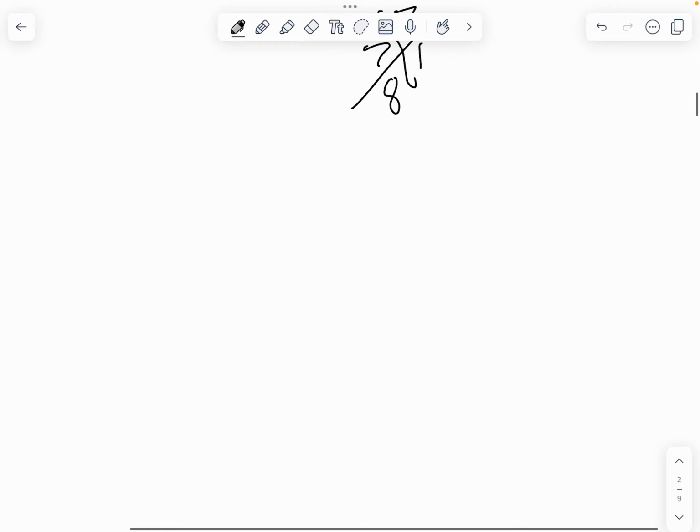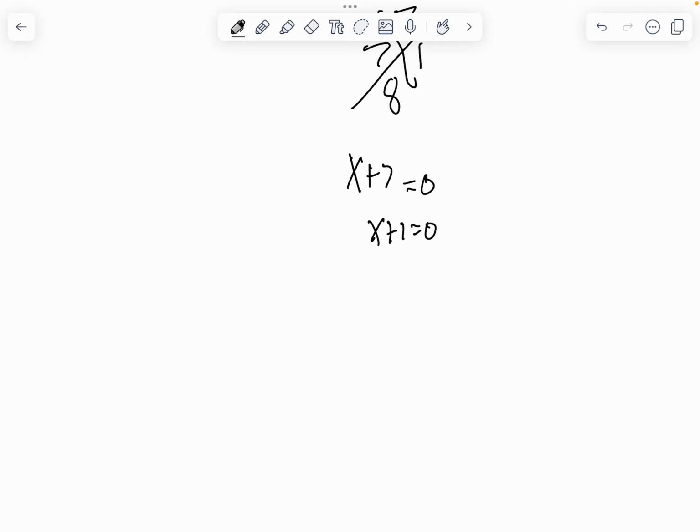So x plus 7 equals 0. X plus 1 equals 0. X equals -7. X equals -1.